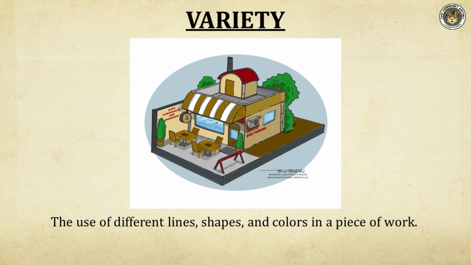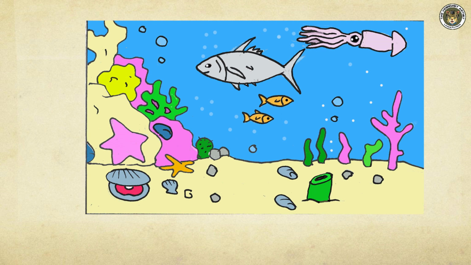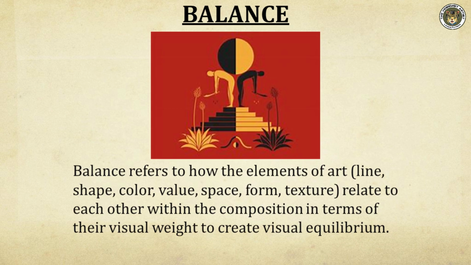The next one, we have variety. This is the use of different lines, shapes, and colors in a piece of artwork. One example, yung nakikita ninyo. We have another one. So, ito yung ginawa ko para sa kindergarten's book. Next one, we have the balance.